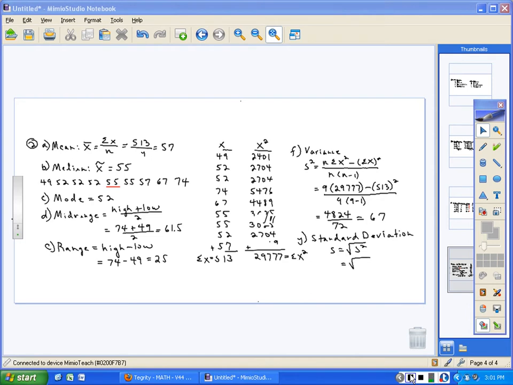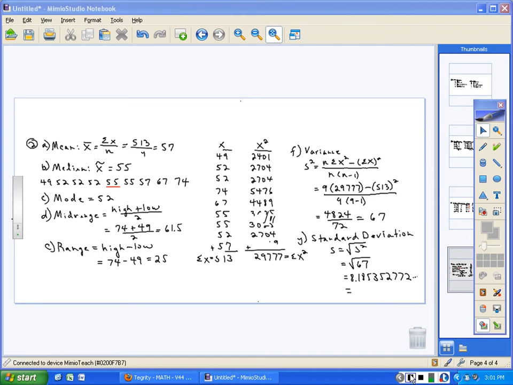So it's the square root of 67, which turns out to be 8.185352772. It continues on.